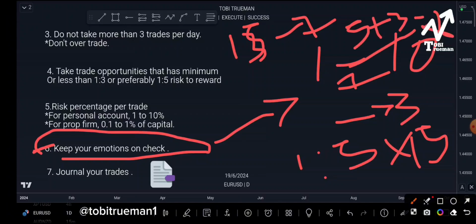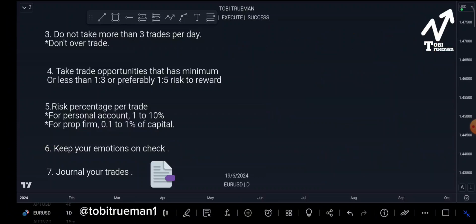You still have 8% after taking 10 trades. After taking 10 trades, if you lose 7 trades, you still have 8% from those trades, in as much as you are consistent with your risk to reward and the percentage you are risking. If you are using 1%, just use 1% throughout the 10 trades. With having those in mind, it will help you to keep your emotions in check.